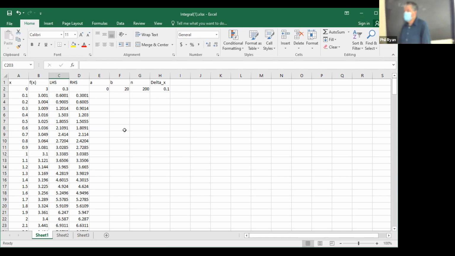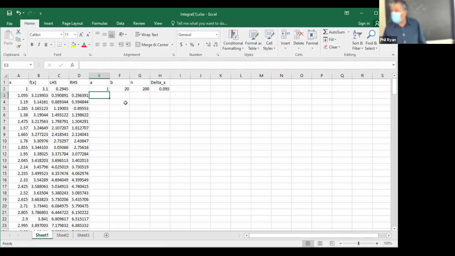So let's go and do that. Okay, so I have to change my bounds. My a now becomes 1. My b now becomes 3.